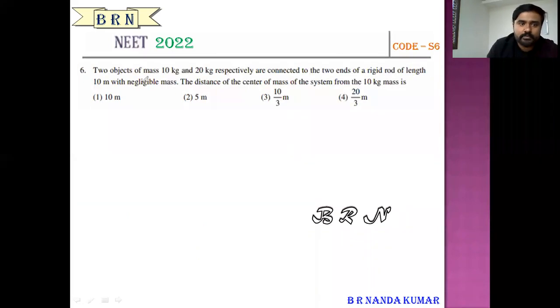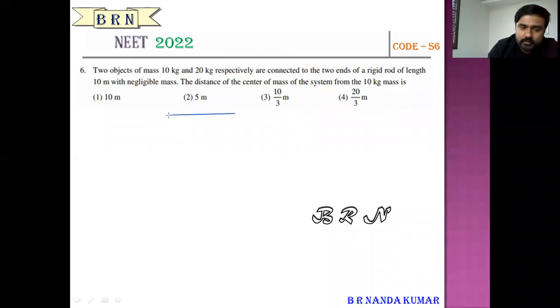Next, numerical problem. Two objects of mass 10 kg and 20 kg respectively are connected to the two ends of a rigid rod of length 10 meter with negligible mass. The distance of the center of mass of the system from the 10 kg mass is? This numerical can be solved in two different ways.